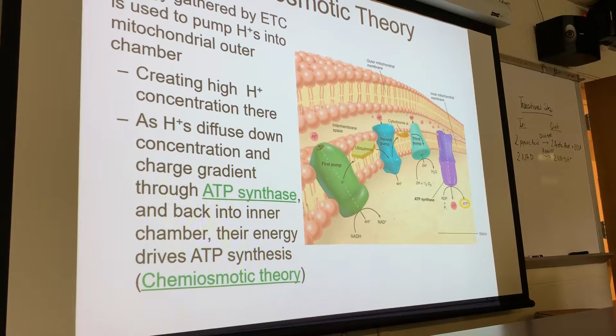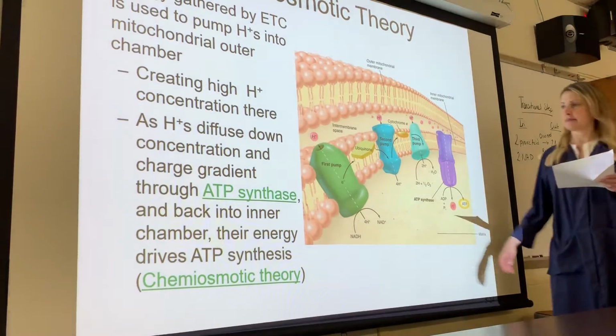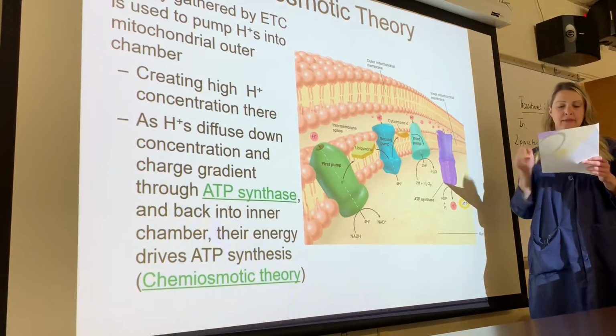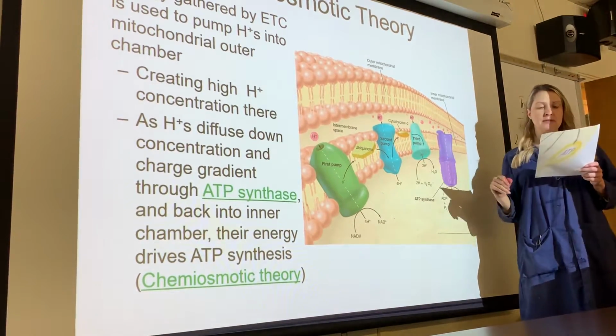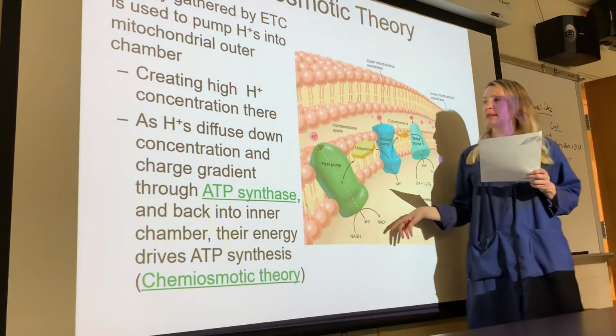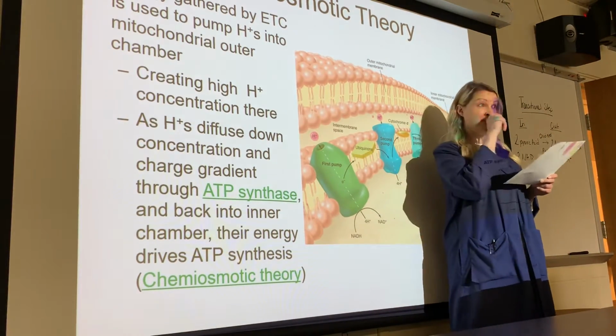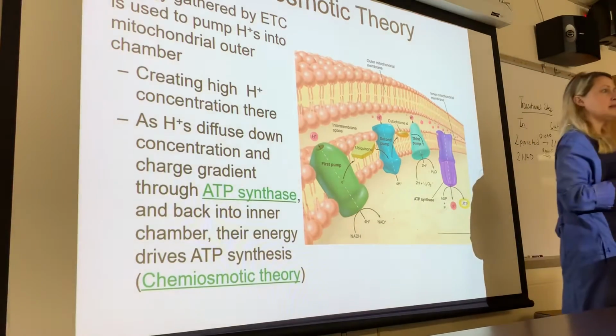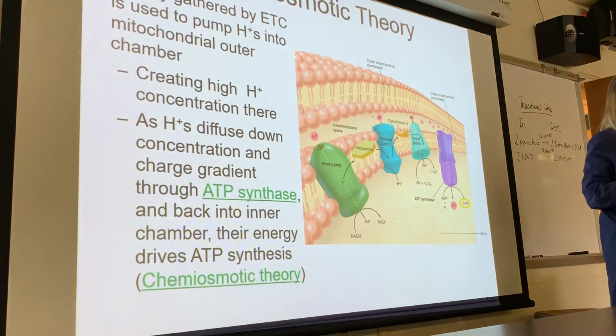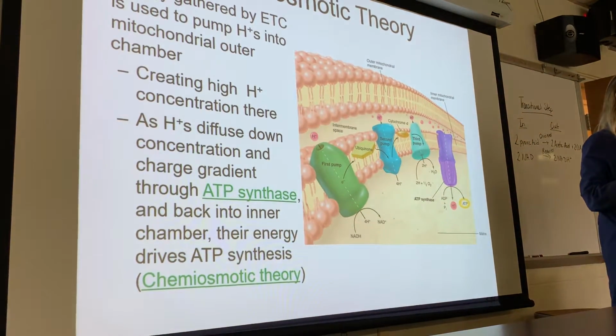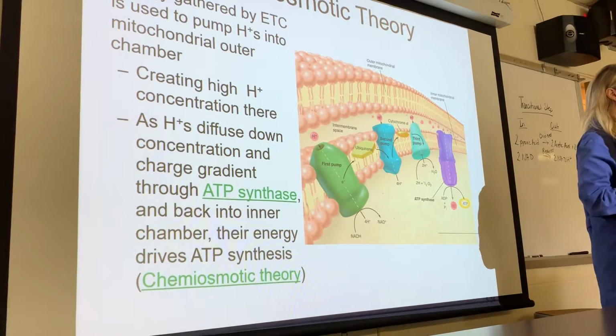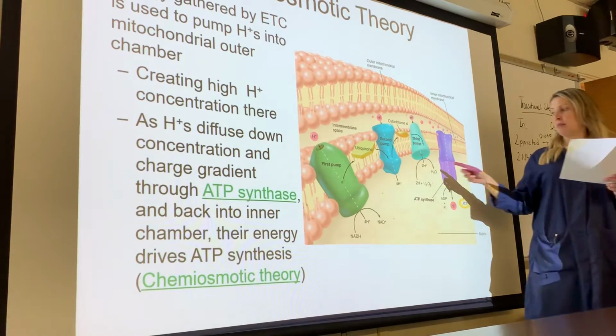Electrons travel down the chain. 1, 2, 3. Released energy transports what across the membrane into the intermembrane space? Yeah, hydrogen. And at the end of the chain, electrons are accepted by a molecule of what?